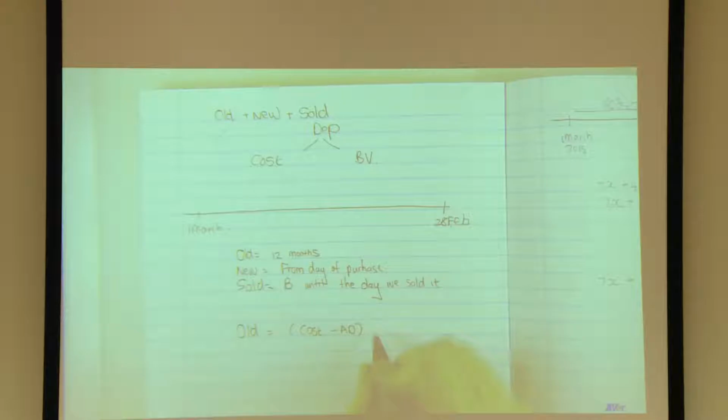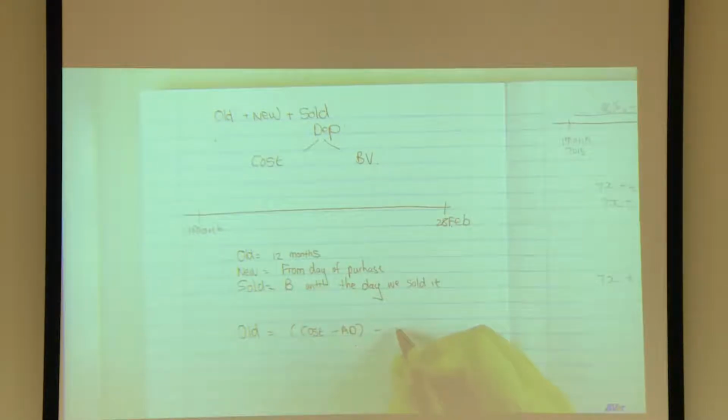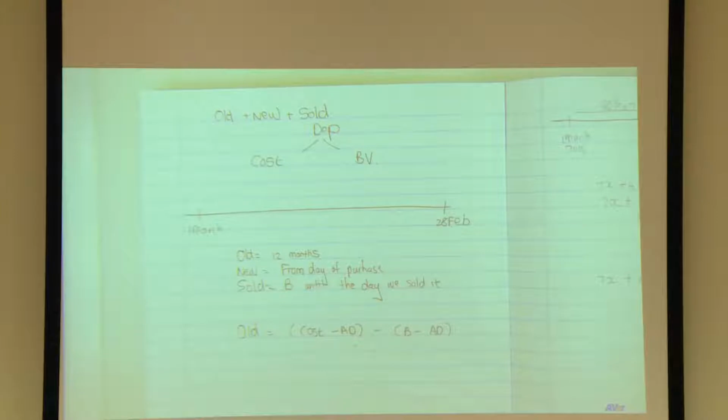When we're using diminishing, we need to do the same. It's the balance in the beginning minus the balance in the beginning on the asset which we sold, to get the book value of the remaining, that which we had since the beginning of the counting period until the end of the counting period. So what are we actually doing? We're just taking asset disposal out.